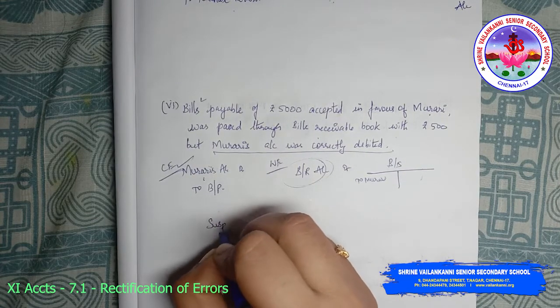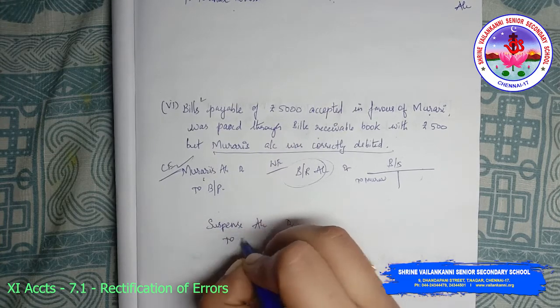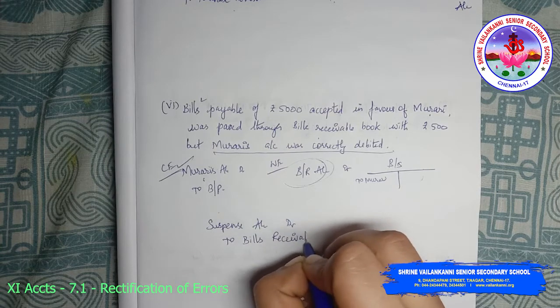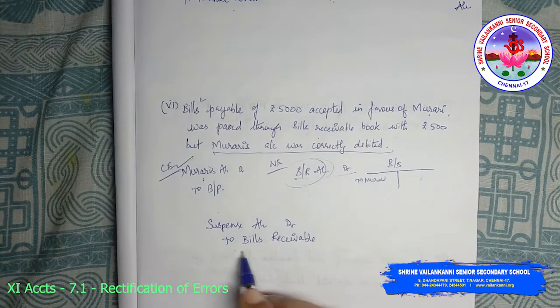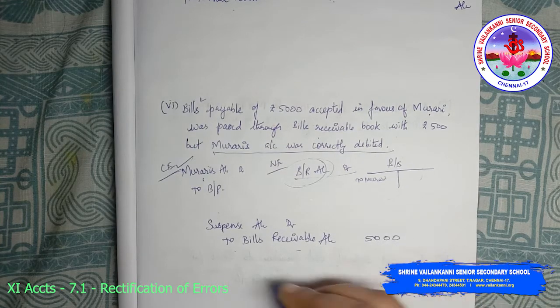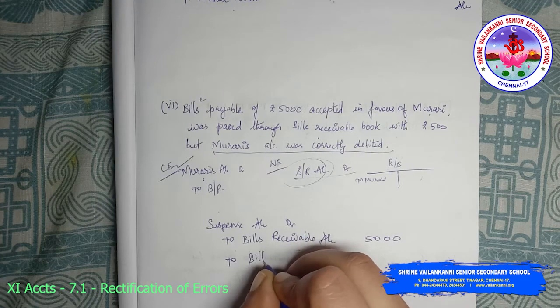So suspense account debit to bills, because it is wrongly debited, you are crediting it. So bills receivable account to bills payable, correct, credit.